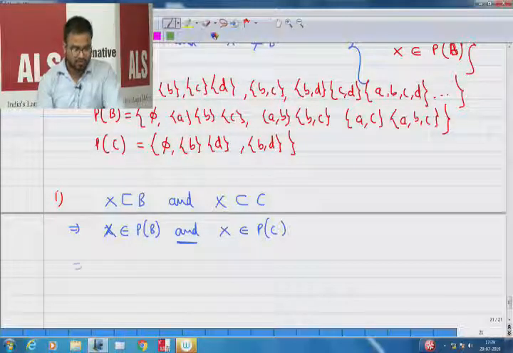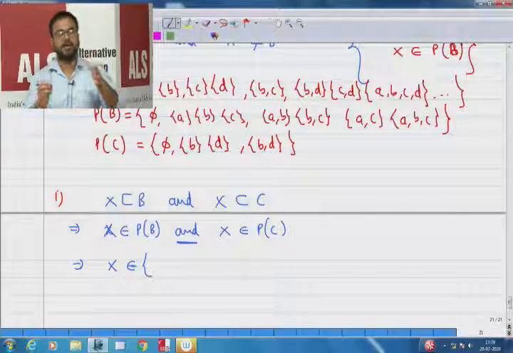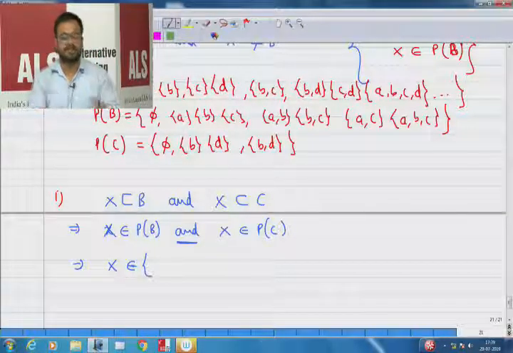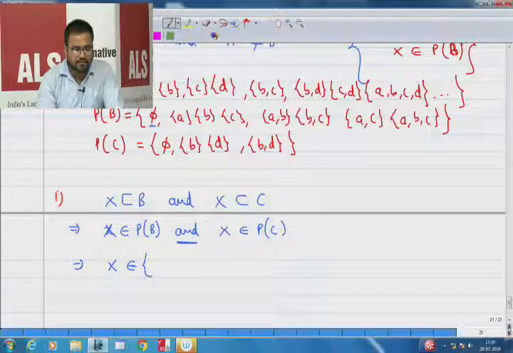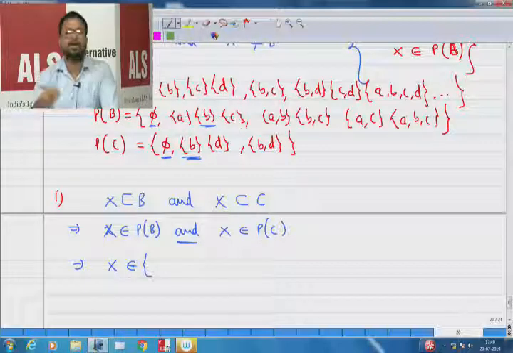So X is an element of the intersection, or you can say X is an element of the common things of the power set of B and C. If you see in the power sets of B and C, phi is the common element, and B, with the parenthesis, is the common element, and we don't have any other common element.